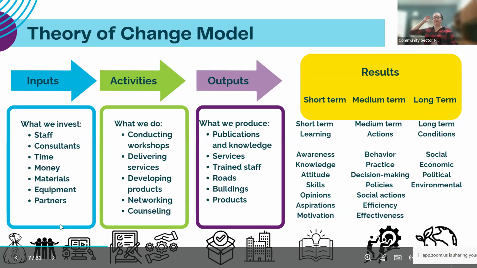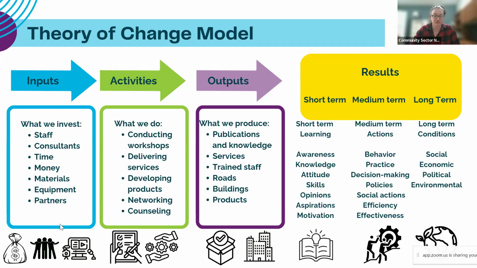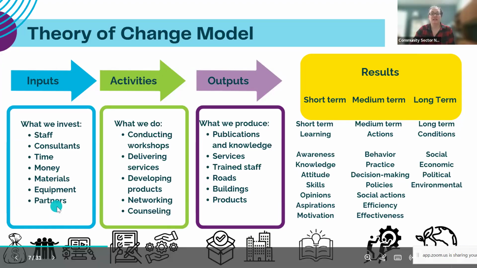So where do we need to invest our resources, our financial resources, our human resources to develop the staff and consultants and the materials and the equipment and the partners that will lead to then being able to deliver on these activities, create these outputs, which will generate short-term learning, leading to medium-term actions, and then finally giving us a long-term outcome that we desire.